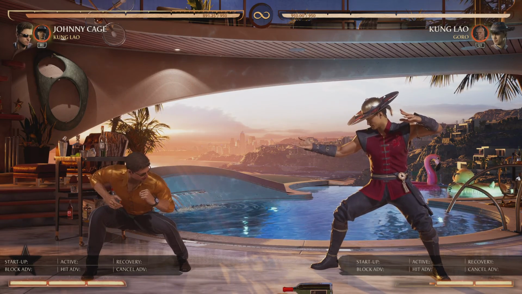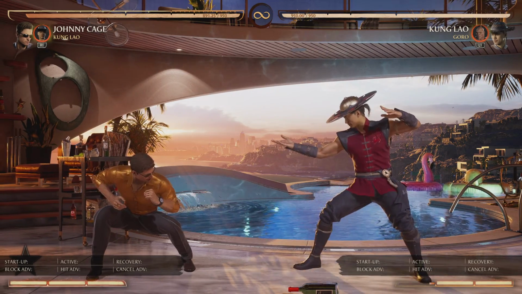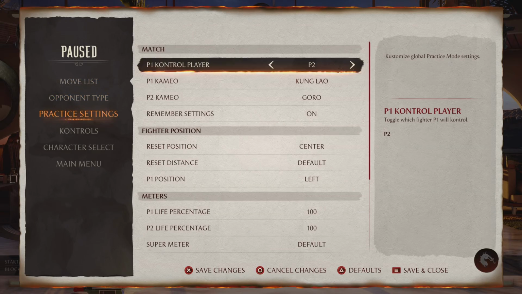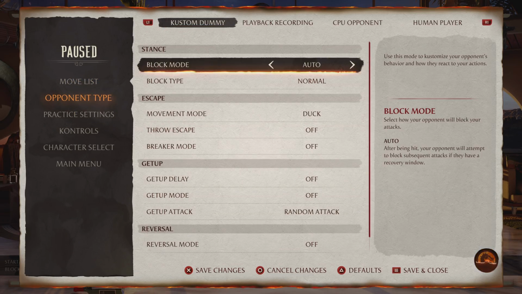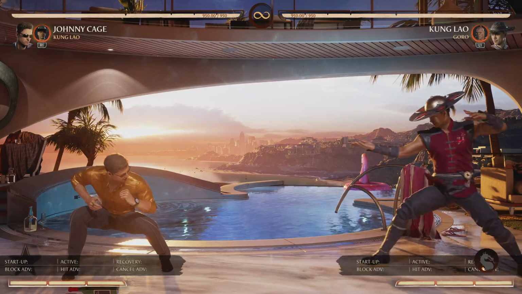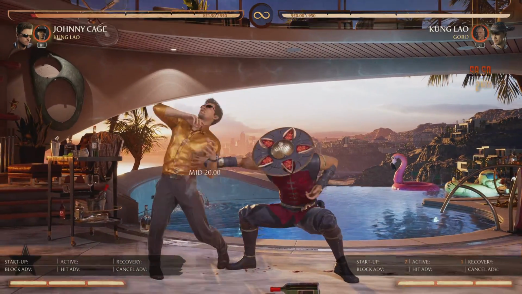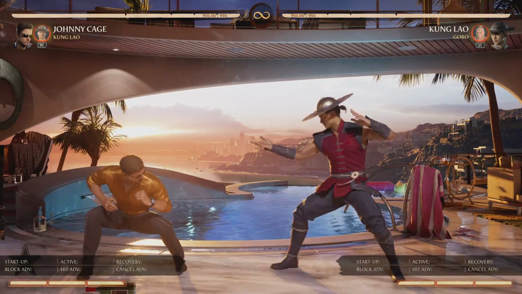Now, frame data, while it is a certain defined number, doesn't guarantee anything. The opponent still has to time their attacks perfectly, and I think it's good to test people on whether or not they're actually frame trapping, because sometimes they might not be able to hit after a poke right away.